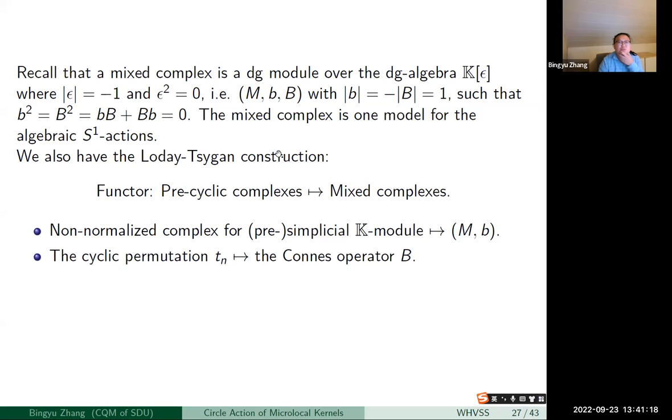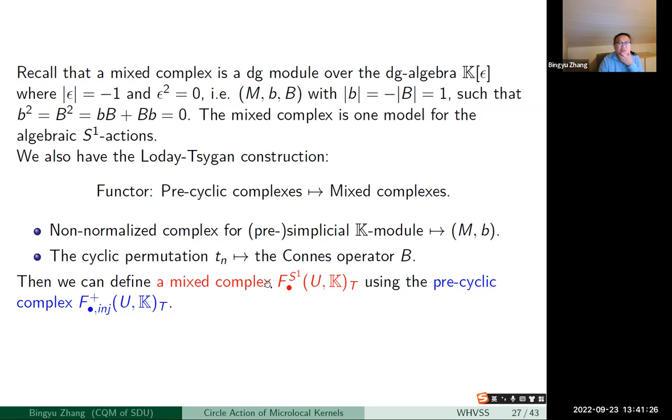And then we also have the Loday-Quillen construction, which is a functor that maps cyclic complexes, or pre-cyclic complexes, to mixed complexes. Now, as we already have a pre-cyclic complex, we get a mixed complex in this way. Here I should share that your paper helps a lot on the algebraic part of mixed complexes.